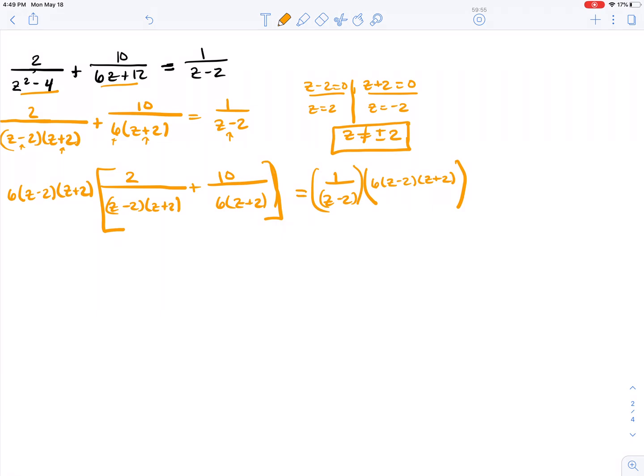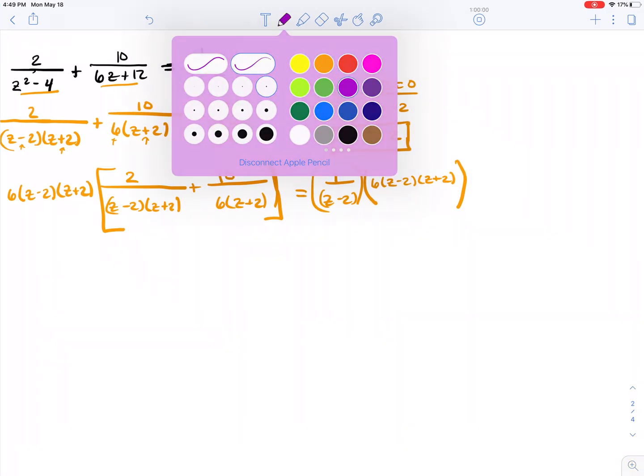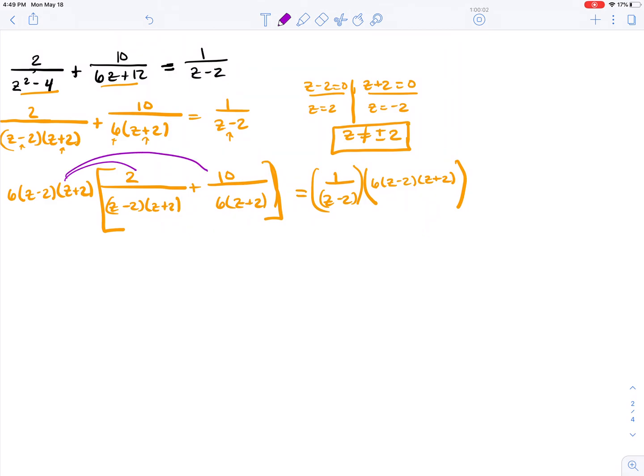All right. Now I need to distribute my left side, and at the same time, I'm going to start taking out items on the numerator and denominator that are the same. So I have 6 times z minus 2, z plus 2 times 2 over z minus 2, z plus 2.